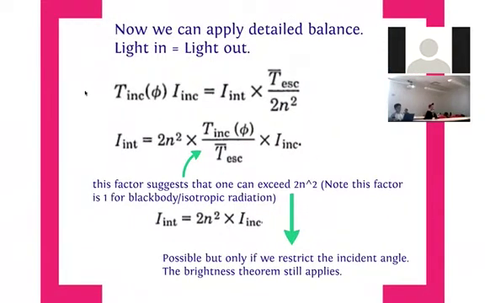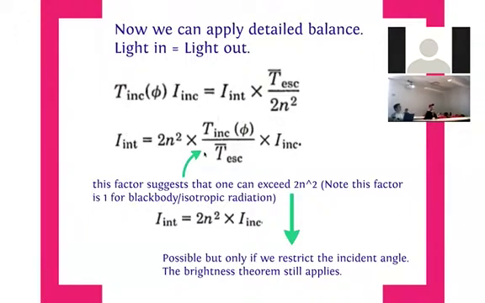Then we can plug in all the equations from the last slide and swap these around. You basically get that the internal intensity is now 2n squared times this term here multiplied by the incident intensity. This is a little different from what we saw before, where the internal intensity was simply 2n squared times the intensity outside.